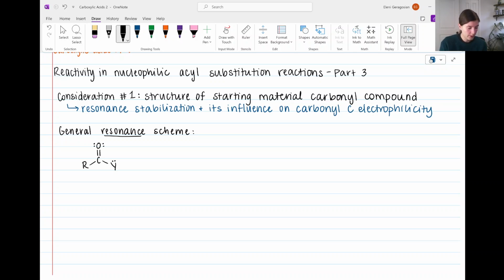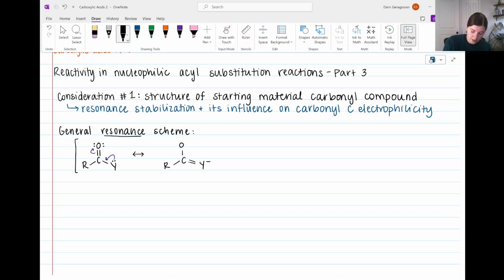So another important resonance structure for these acyl groups, where all atoms are closed shell, is when the Y electrons donate electrons towards the carbonyl carbon, and then that pi bond between carbon and oxygen breaks. So that would result in another valid resonance structure where we now have a pi bond between carbon and the Y group.